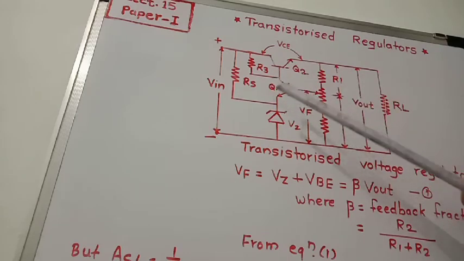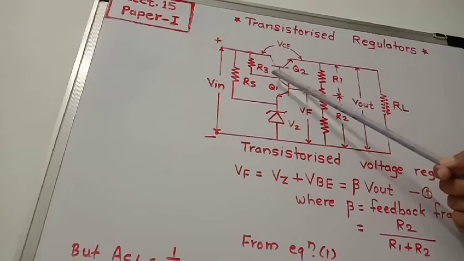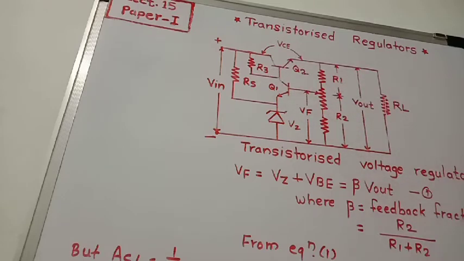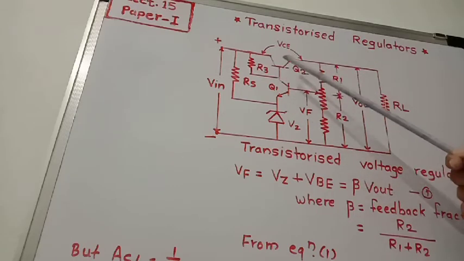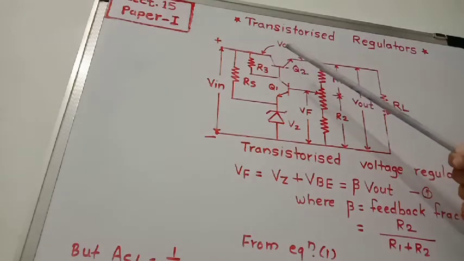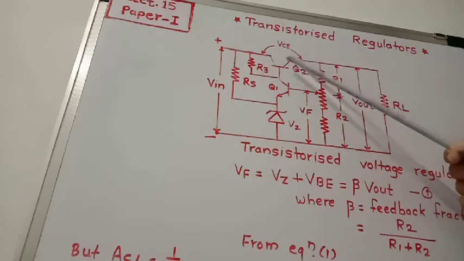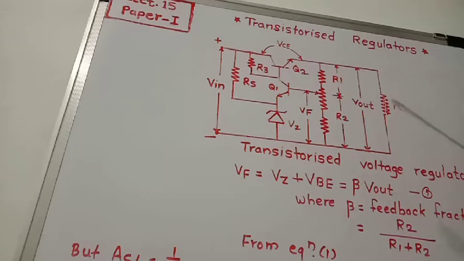Since collector voltage increases, then the base voltage of Q2 also increases. Therefore VCE decreases, and then the voltage across RL increases.